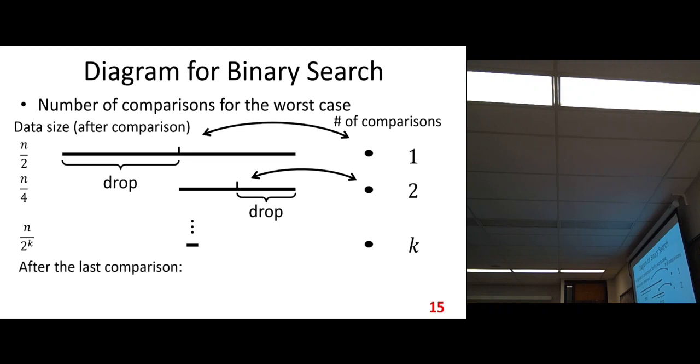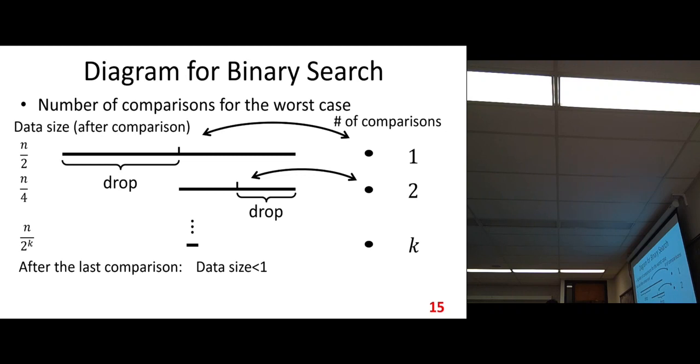After the last comparison, let's check if this array size is already smaller than or equal to 1. Data size less than 1, how can you split? You cannot split. Because for 1 you cannot split.